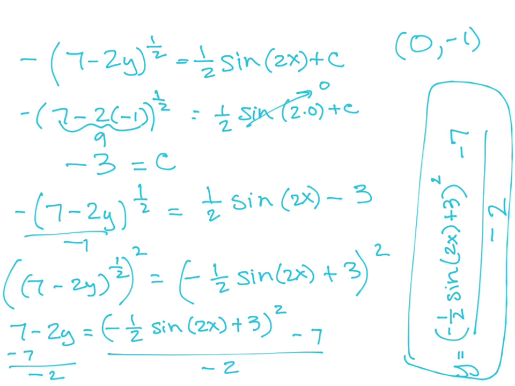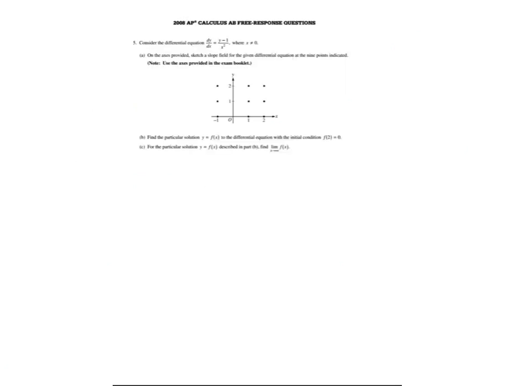This is from 2008. Free response. 2008, I was a senior. Shout out to the class of 2008. My classes. Probably in prison. It's fine. All right, number 5, except for Juan's not. He's good. We kept him.